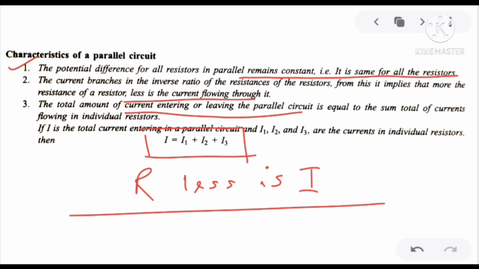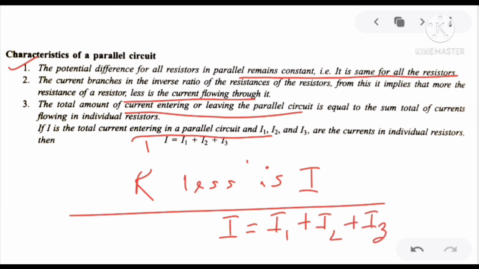If I is the total current entering the parallel circuit, and I1, I2 and I3 are the currents in the individual resistors, then I equals I1 plus I2 plus I3. It is a very important result we get in the parallel combination. In series combination we obtain V equal to V1 plus V2 plus V3, isn't it? In parallel combination we get I equal to I1 plus I2 plus I3. So remember, this is a very important result we obtain here.